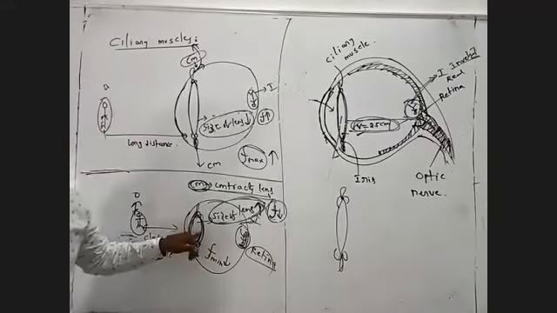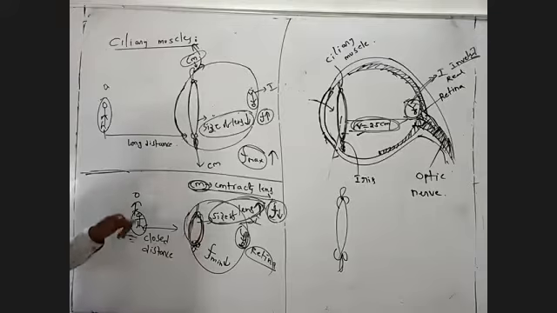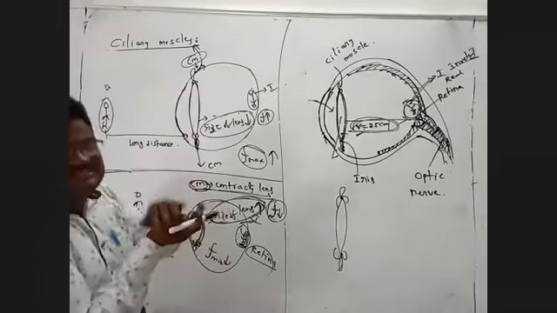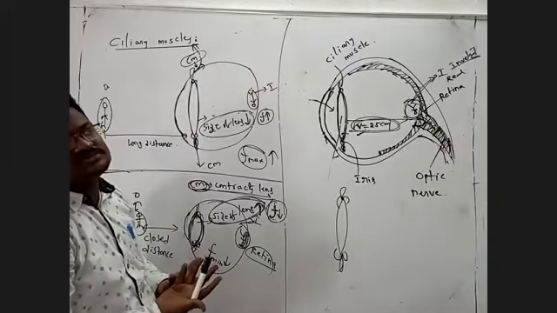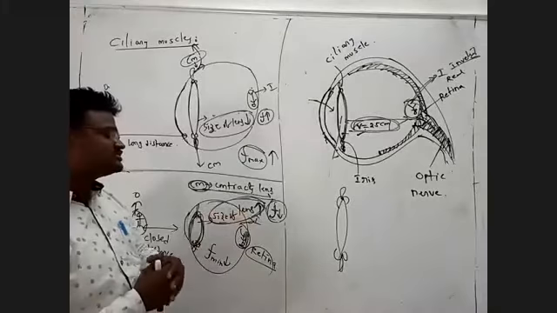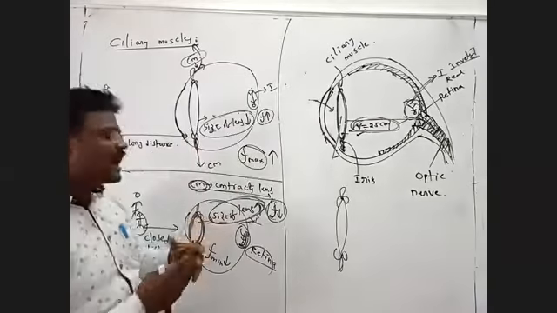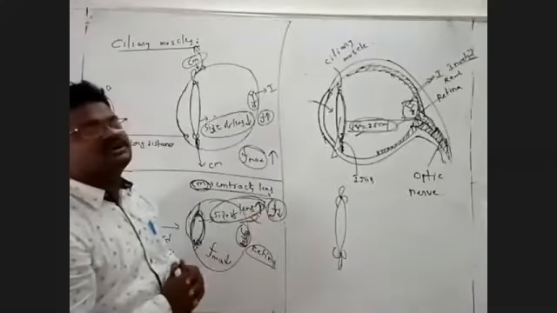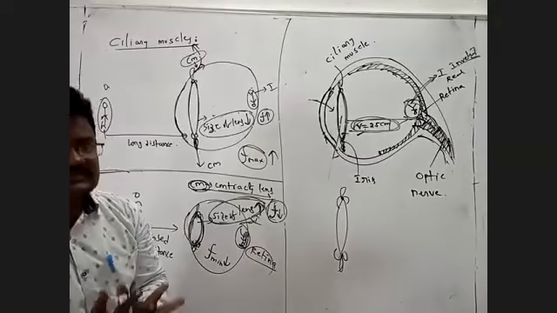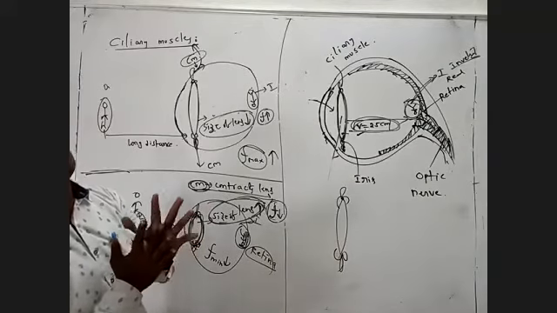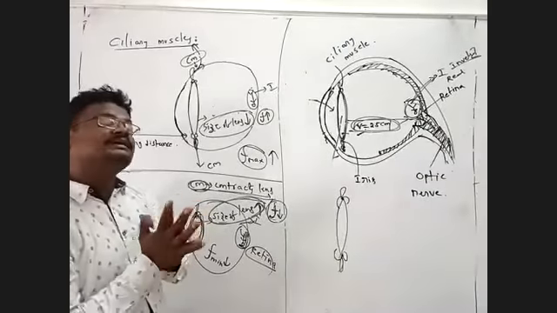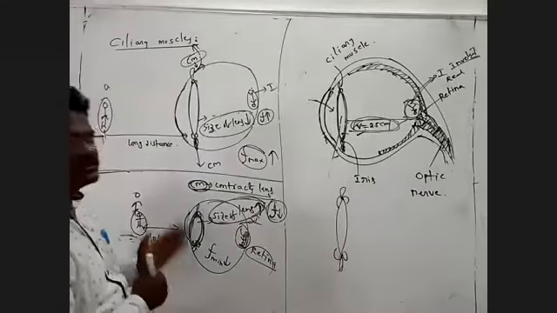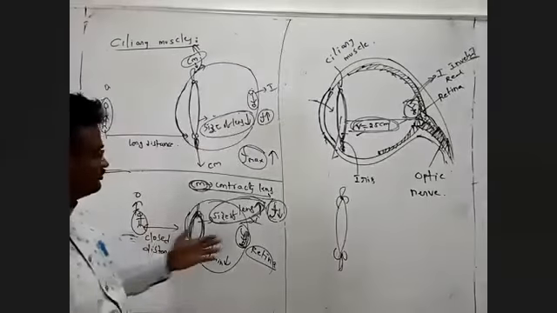So when I am seeing a near object, the ciliary muscles compress the convex lens, the lens becomes wider, and the focal length decreases. The image is formed on the retina, and finally we are seeing the image.